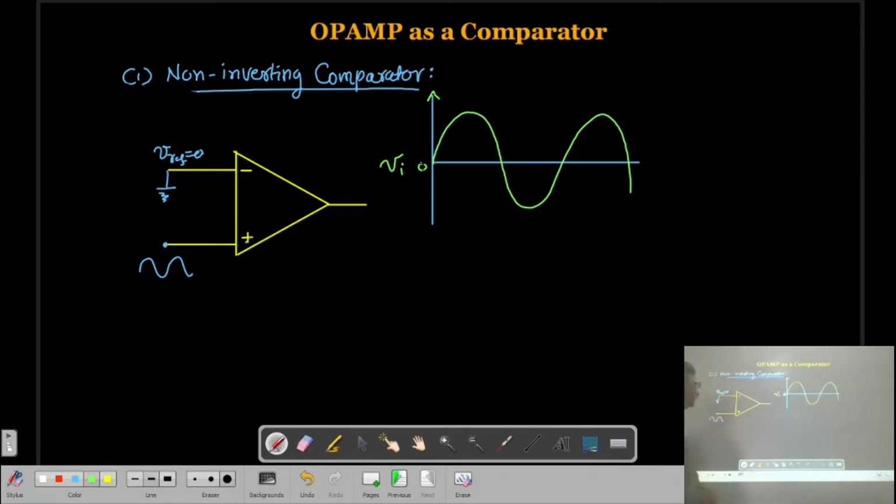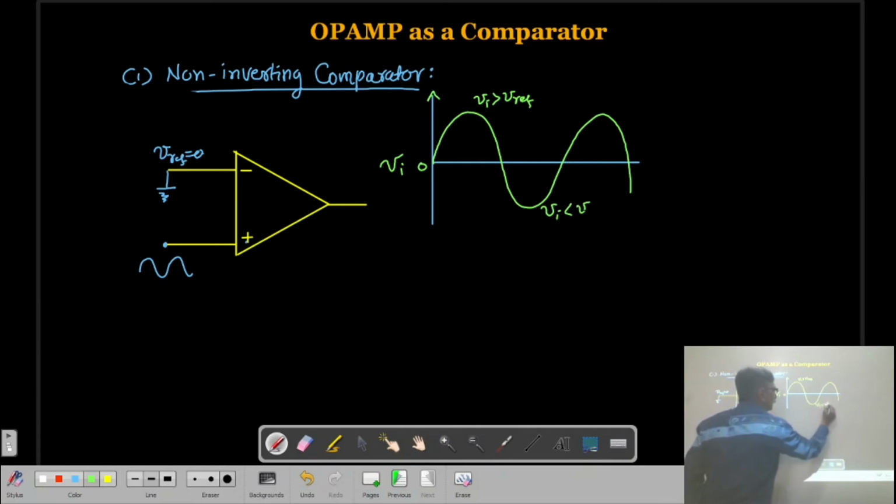Now you can see the reference voltage is 0. So for all these values, my input is greater than V reference, and for all these values my input voltage is less than V reference. Now you can plot this.